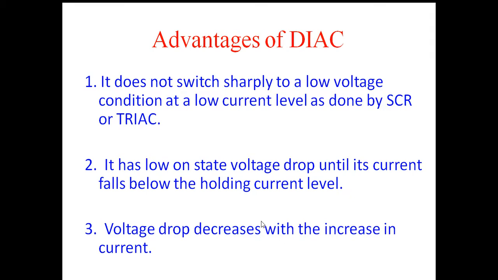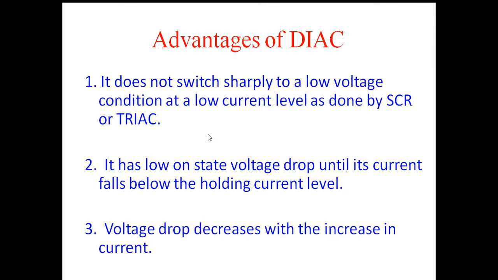Advantages of the diac. If we compare the characteristics of the diac with respect to the SCR and triac, there is no sharp switching. It does not switch sharply to a low voltage condition.